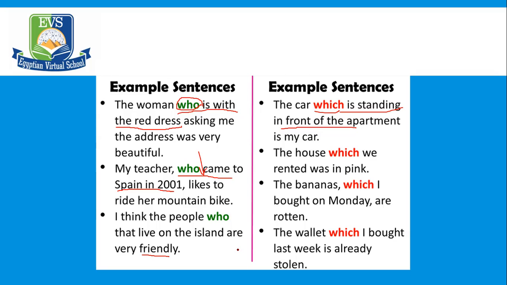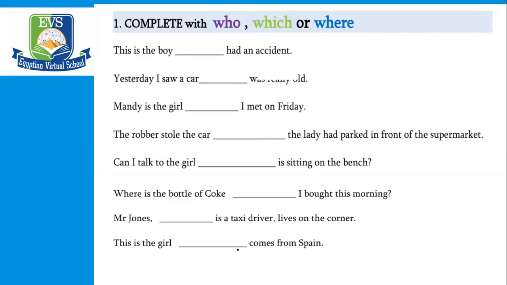Check these examples to get ready for doing your exercise by yourself, complete with who, which, or where. We also can use the relative pronoun where to identify a place. This is the hospital where I did the operation, or this is the school where I work.